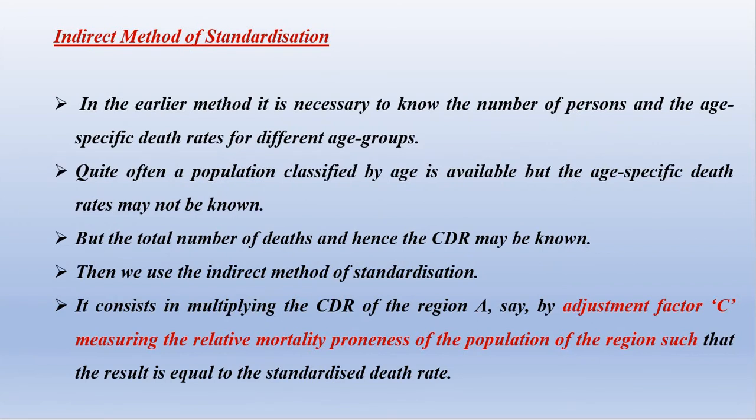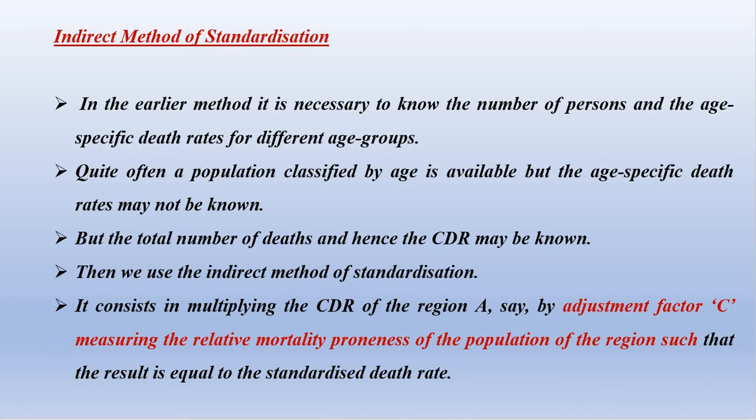The indirect method of standardization. In the earlier method, it is necessary to know the number of persons and the specific death rates for different age groups. Quite often, a population classified by age is available, but the age-specific death rates may not be known. But the total number of deaths and hence the CDR, that is the crude death rate, may be known.